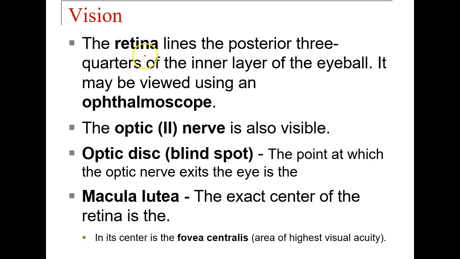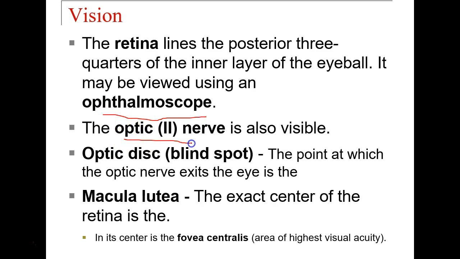The retina is where we find light-sensitive cells, photoreceptors, where we actually detect light and turn it into electrical signals for detection. The retina lines the posterior 3/4 of the inner eye, and we see this with an ophthalmoscope.